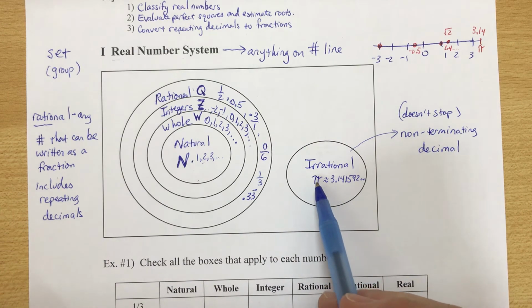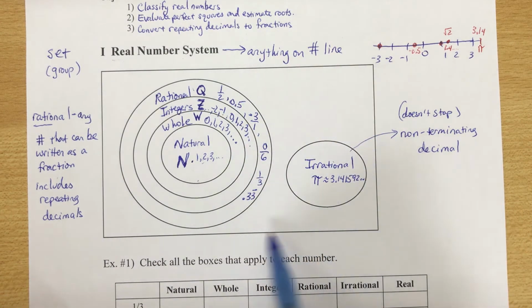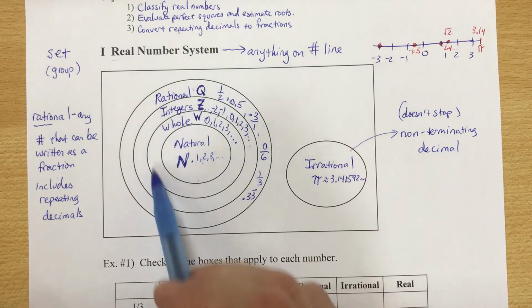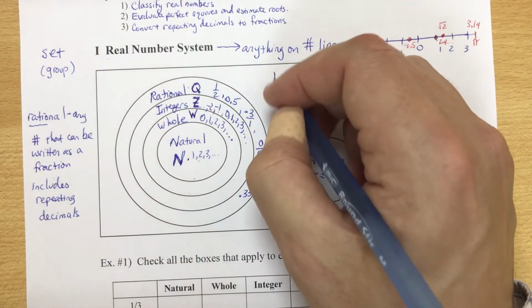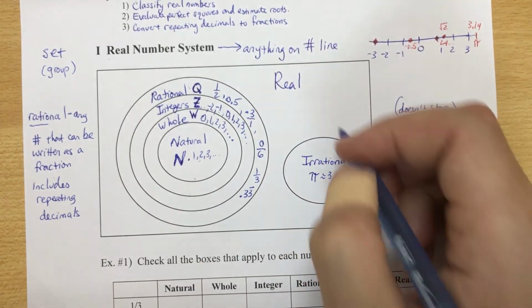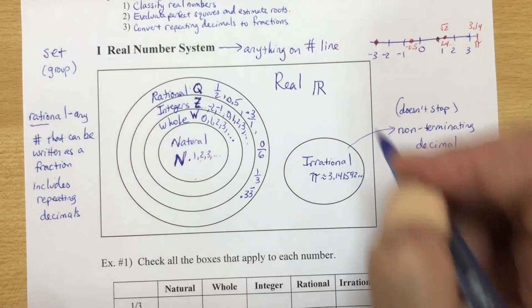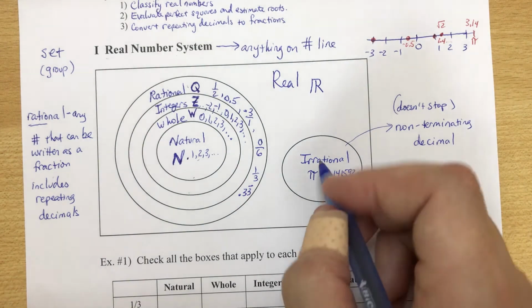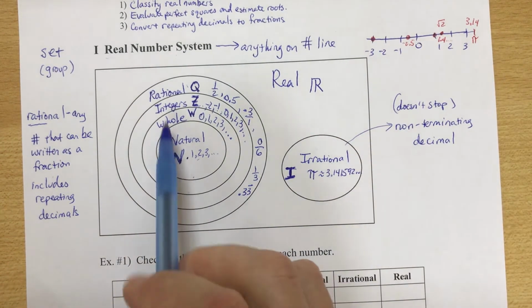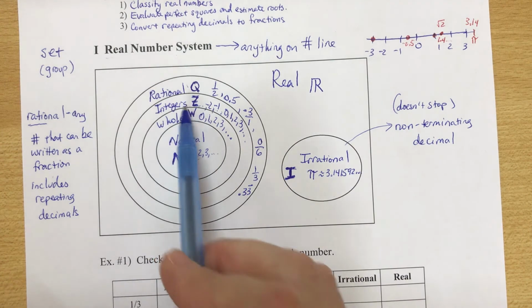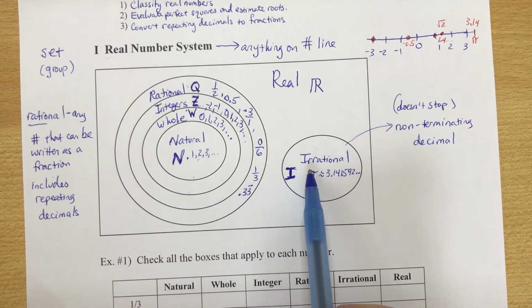It can only be one or the other. Now the overall box, which contains all the rational numbers and the irrational, these are called the real numbers. The symbol for real is a double bar R. The symbol for irrational, I'll put it in here, is an I. So that's why integers had to have a different letter, because I goes for the irrational.